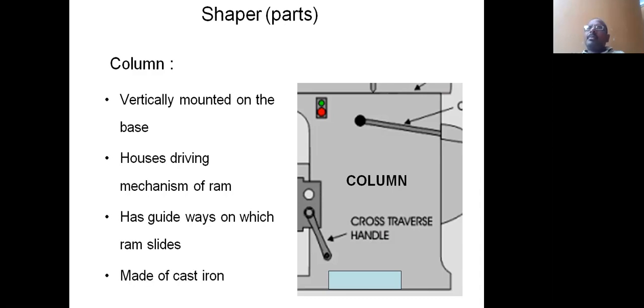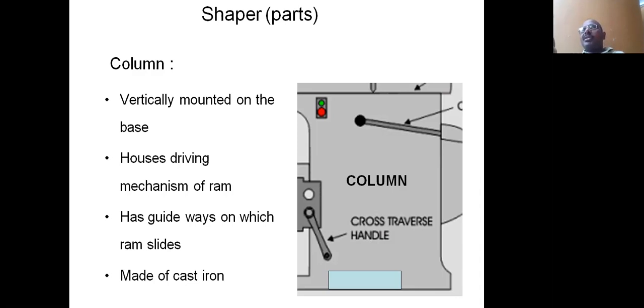Next, just now we discussed both base and column. Even though we are considering two separate parts, in the manufacturing process both are manufactured as a single member, an integrated part.